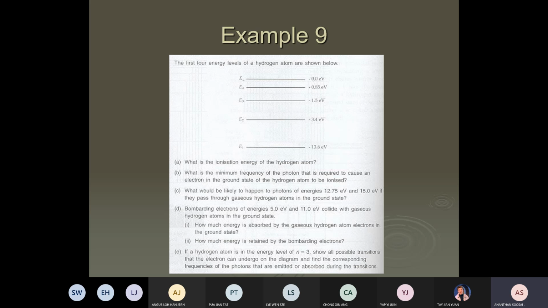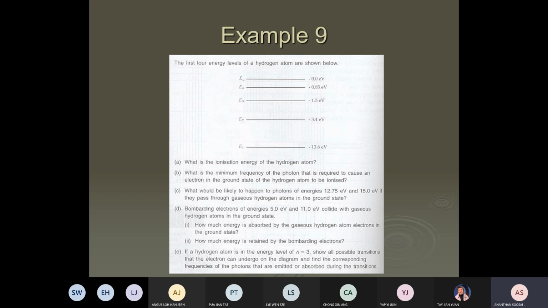Like your escape speed last time, you want to escape from the Earth. What is the energy required? The potential energy you have now, right? Highly negative. So this is the potential energy of the electron at this point. The energy required. So first, what is the ionization energy of the hydrogen atom? 13.6 eV.